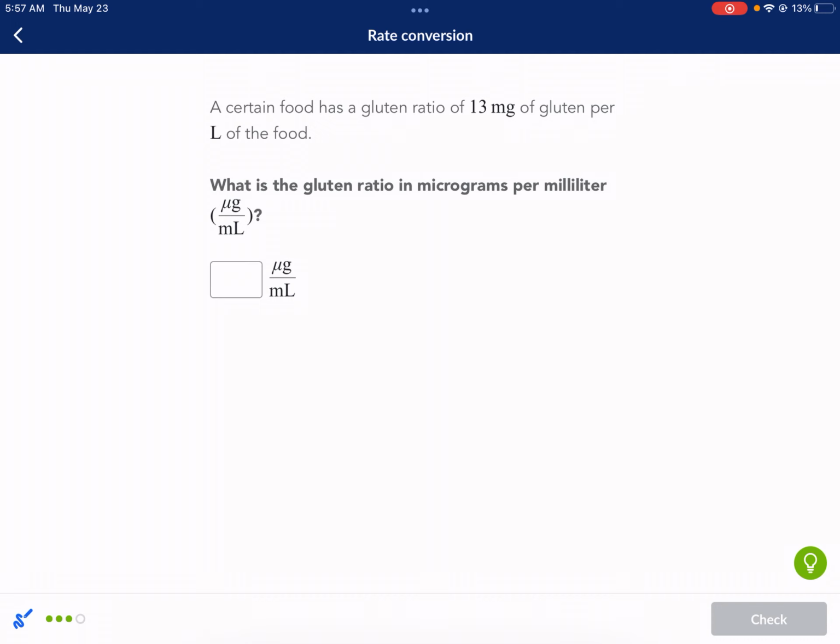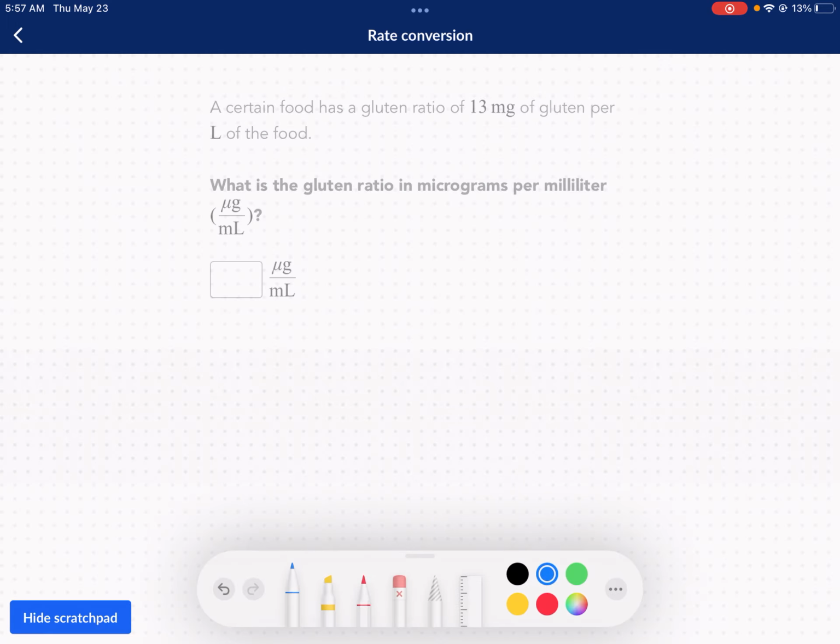Okay, so I'm not sure how many micrograms are in a milligram. It gives us milligrams. I'm guessing it's one down, but I'm going to have to look this one up, to be honest. But let's start with just writing down what we have. We currently have 13 mg over 1 liter.